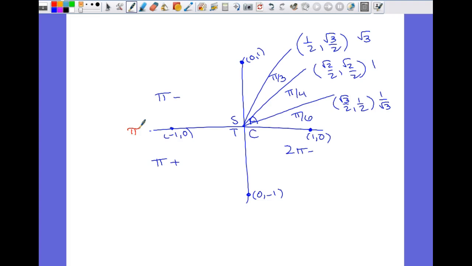So this would be pi plus, let's say, pi/6, and that would get you to 7 pi/6. To go backwards, it's pi minus, and then here it's always 2 pi minus. So again, this one is 11 pi/6 because it's 2 pi minus pi/6. So that's just the trick to help you figure out which is which.